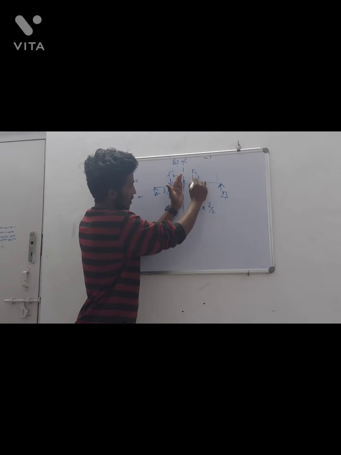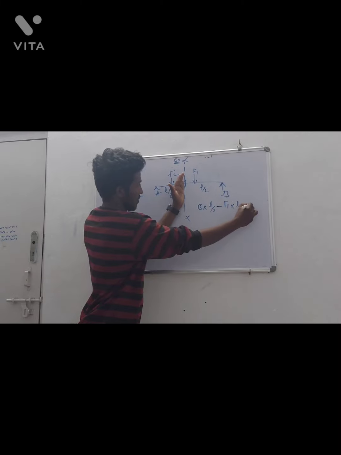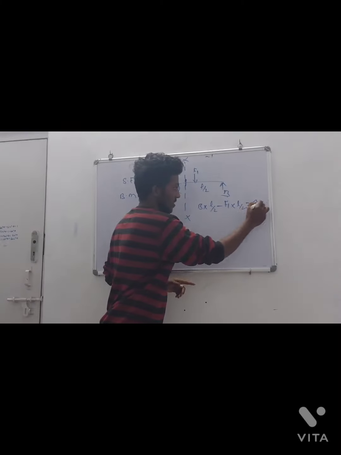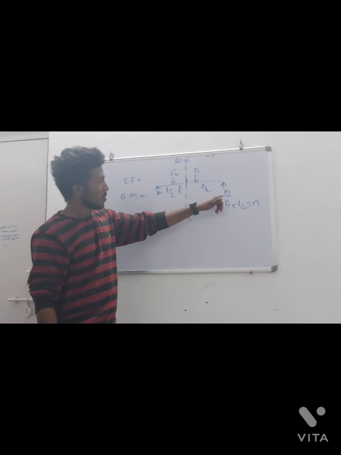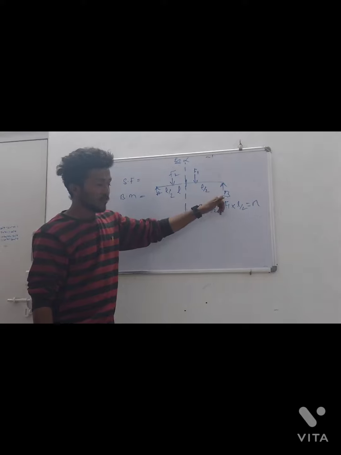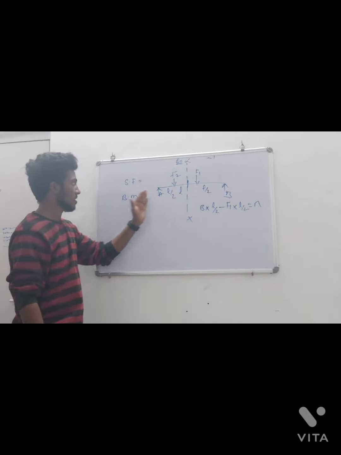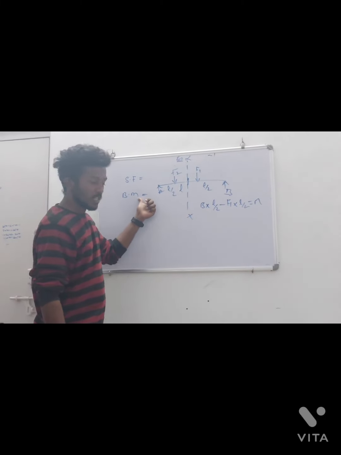So the downward force gives minus F1 into L by 2, which is equal to the moment at this section. This is called bending moment. That means the summation of the moments of each and every force acting either left of the section or right of the section is called bending moment, which is denoted with BM.